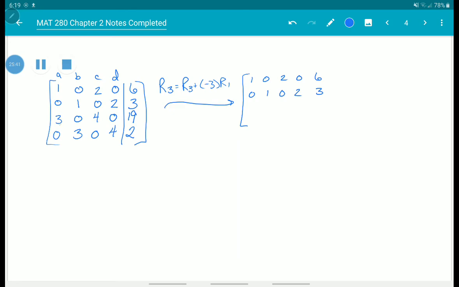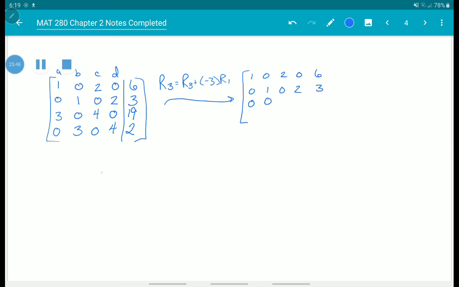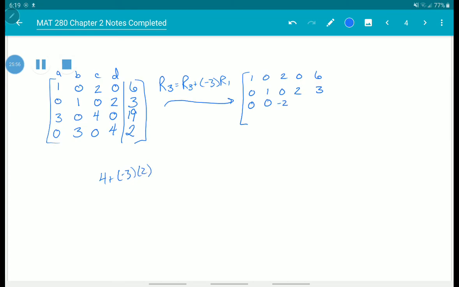So we're going to have 3 plus -3 times 0. 0 plus -3 times 0. 4 plus -3 times 2. 0 plus -3 times 0. And 19 plus -3 times 6. And row 4 stayed the same.